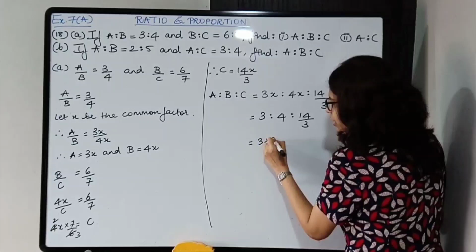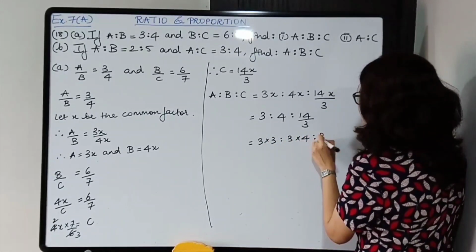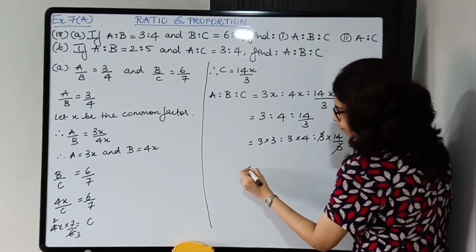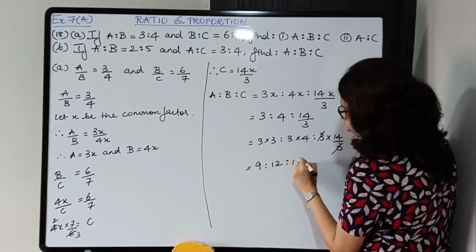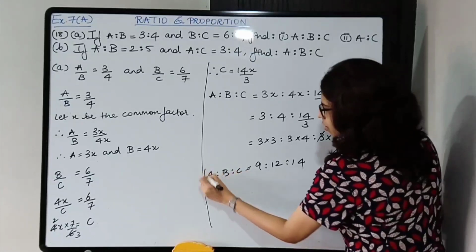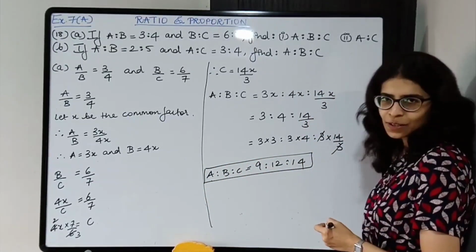So 3 into 3 is to 3 into 4 is to 3 into 14 by 3. So 3 here gets cancelled. So 9 is to 12 is to 14. So A is to B is to C is equal to 9 is to 12 is to 14. This is the answer. Okay.